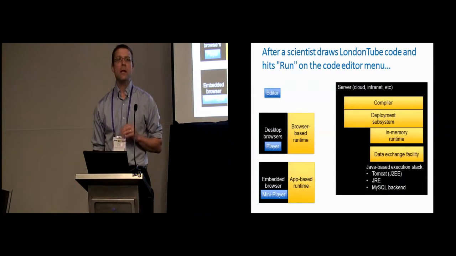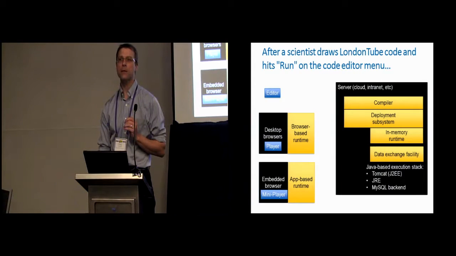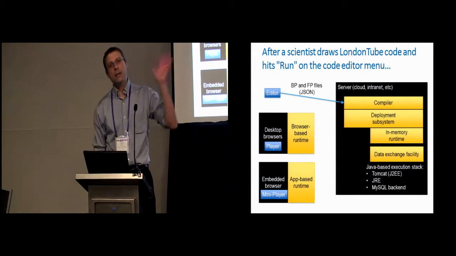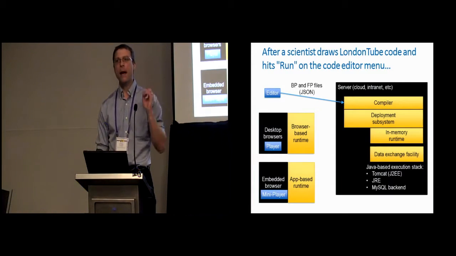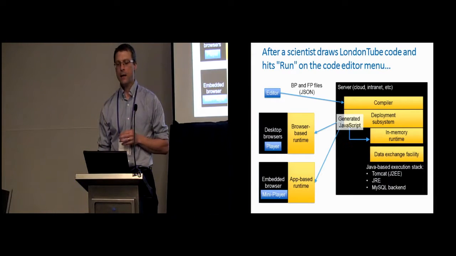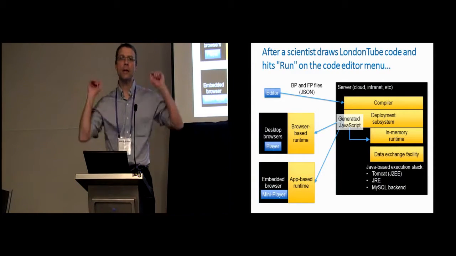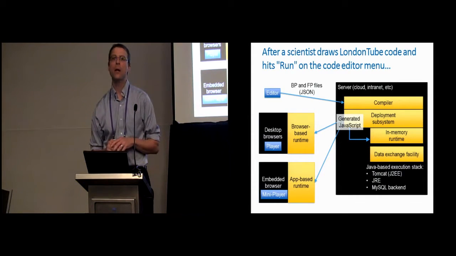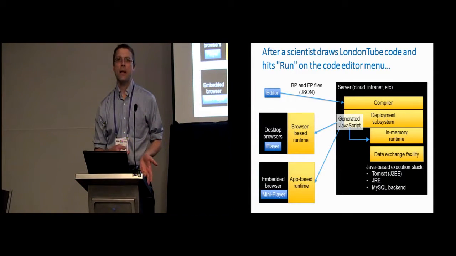After the scientist or other user draws this picture, which we call a back panel, or BP, in a browser-based editor, it saves to our server, and the user selects Run from a menu. Our compiler breaks that into pieces and converts each piece of the picture into JavaScript, which it deploys at runtime directly to the cloud, running in memory, or onto the runtime in the Android app.